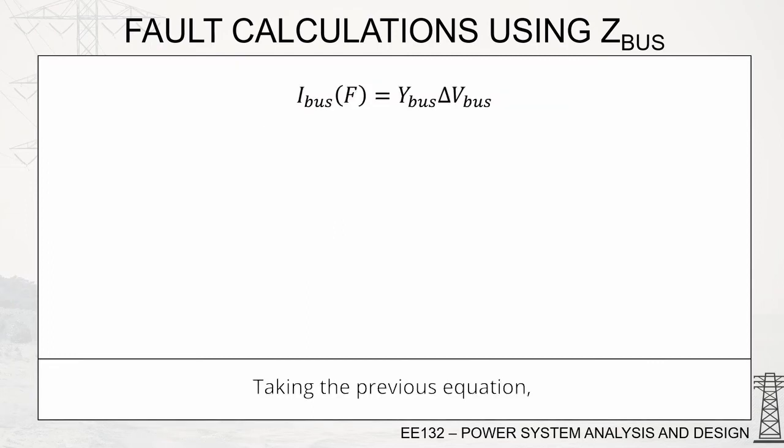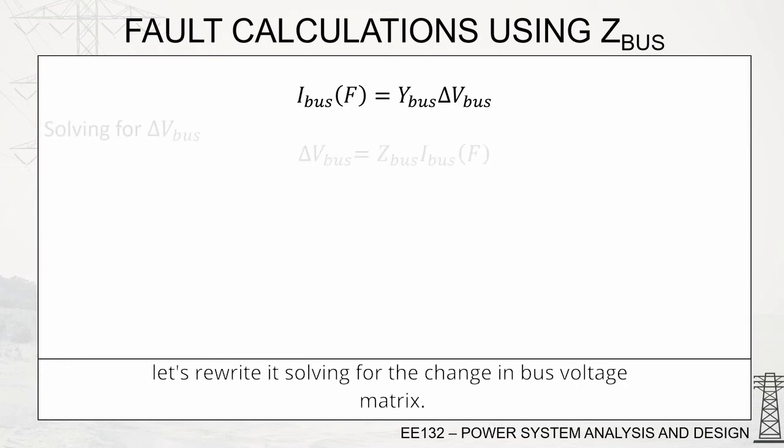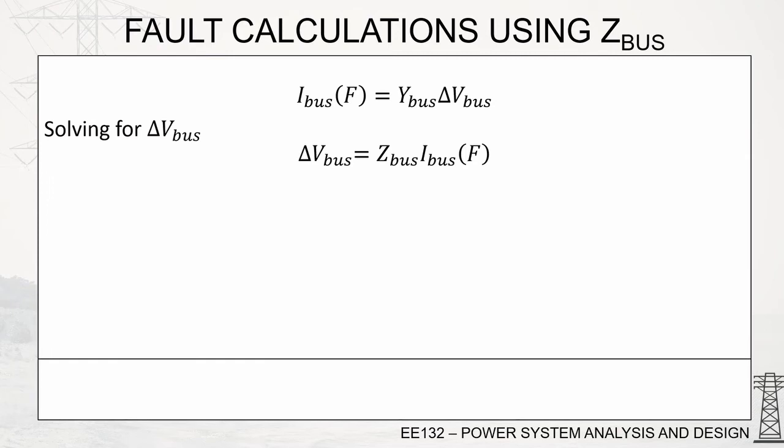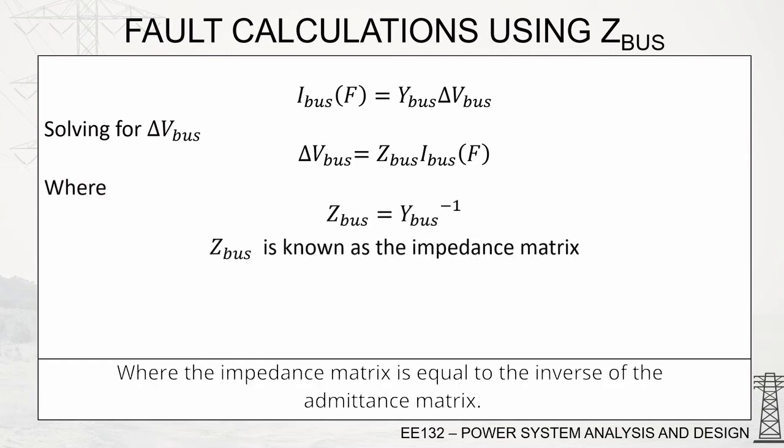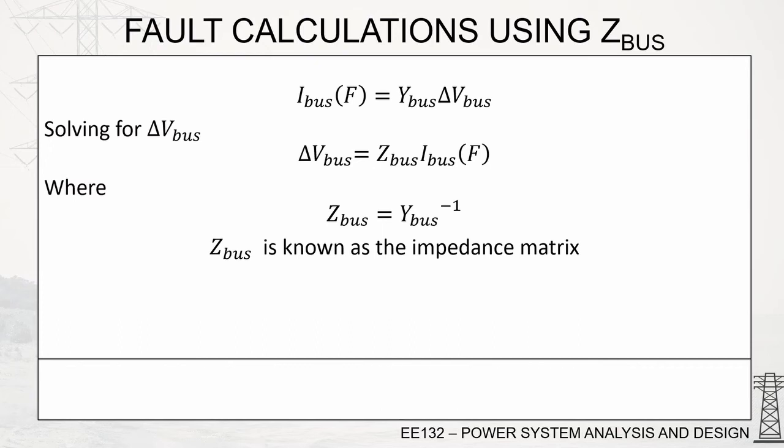Taking the previous equation, let's rewrite it solving for the change in bus voltage matrix, where the impedance matrix is equal to the inverse of the admittance matrix.